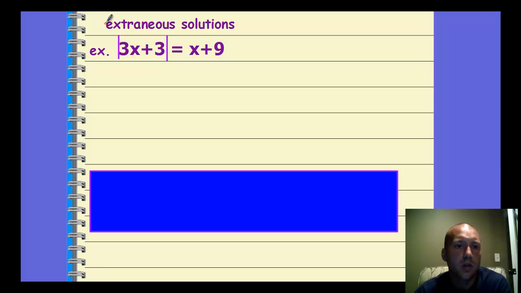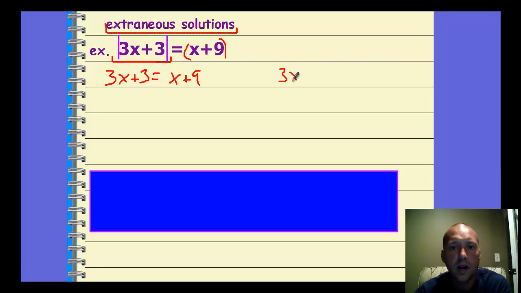Extraneous solutions. If we're solving this absolute value equation, we still have this chunk in here that can equal the right hand side. So 3x plus 3 can equal x plus 9, or 3x plus 3 can equal the negative of the right hand side.